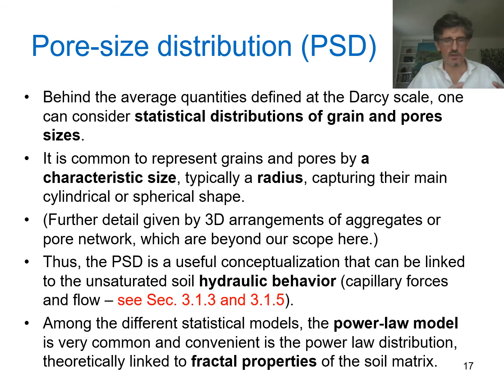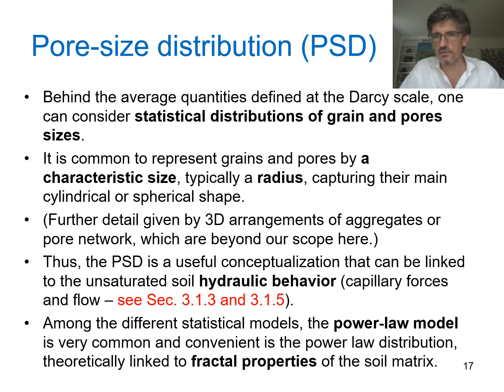So when we average over the Darcy scale for a representative portion of the soil and we give average values, it is clear that average is only one quantity, but that there are statistical distributions behind those, especially of grains of different sizes and pores of different sizes. It is common to represent grains and pores using a characteristic size. We can say that the pore has a typical, or the grain has a typical radius, because we imagine it to be of a spherical shape, or a tube if it is a pore.